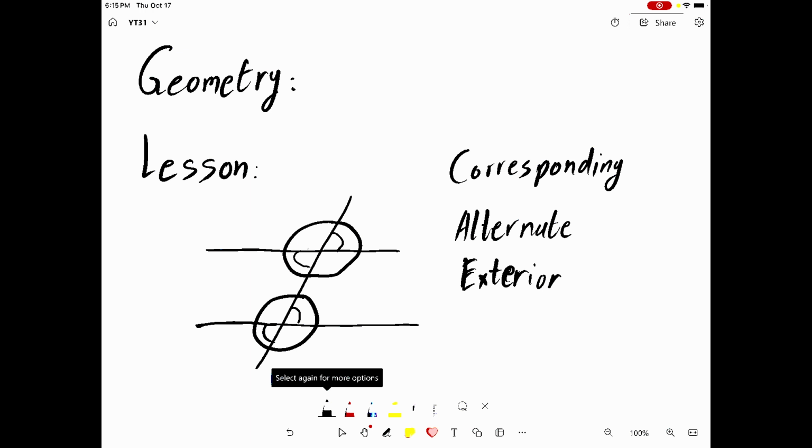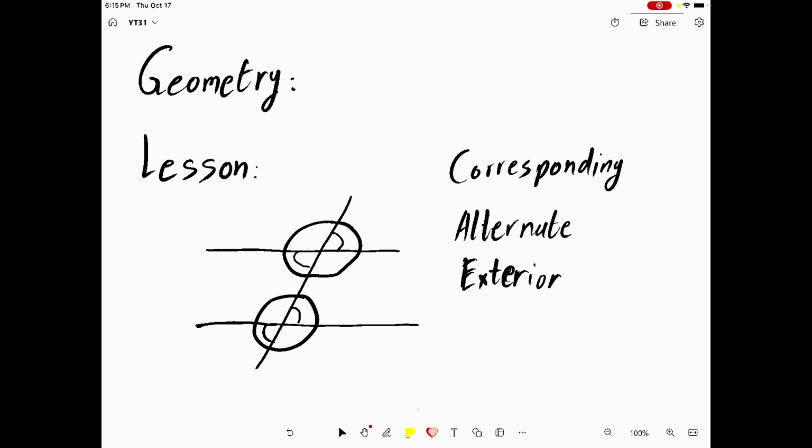And those parts can have angles: top right, top left, bottom right, bottom left. So the top right angle at one intersection and the top right angle at the other are equal. Same with bottom left, bottom right, and top left. All those, that's why it's called corresponding.